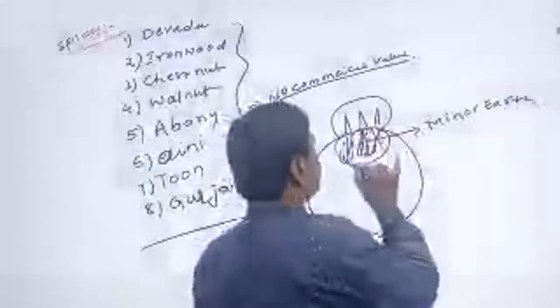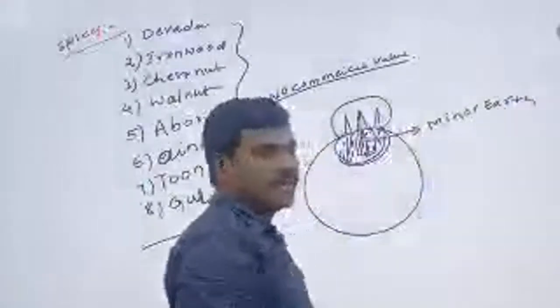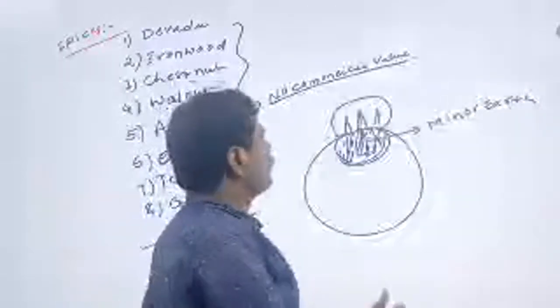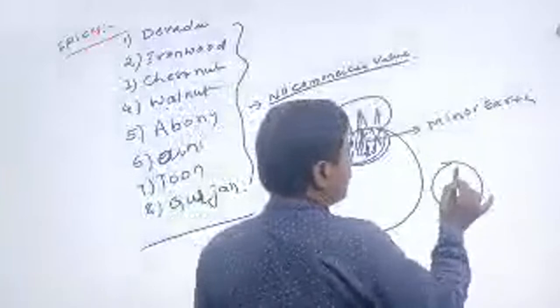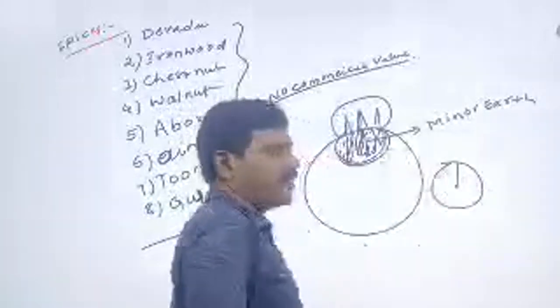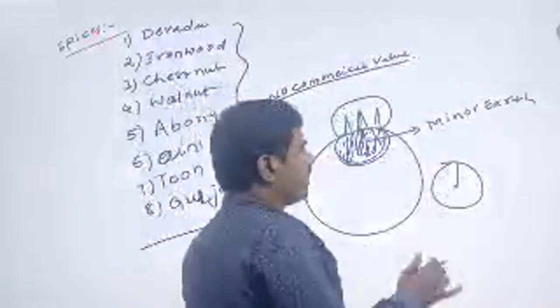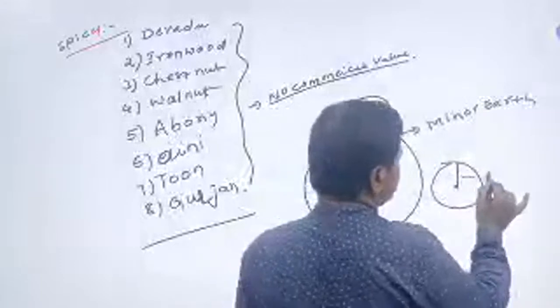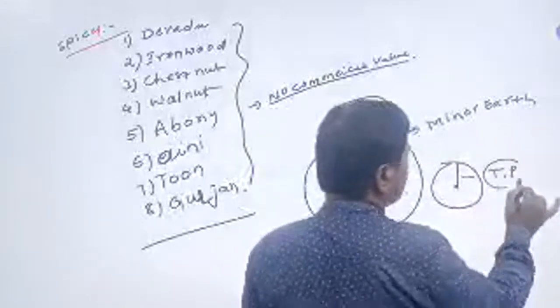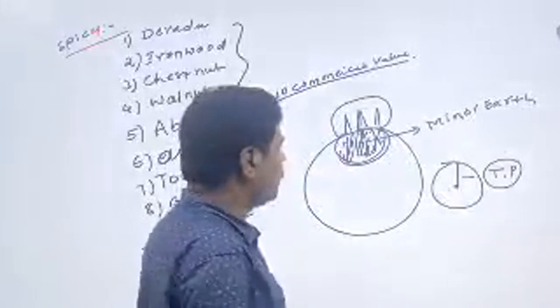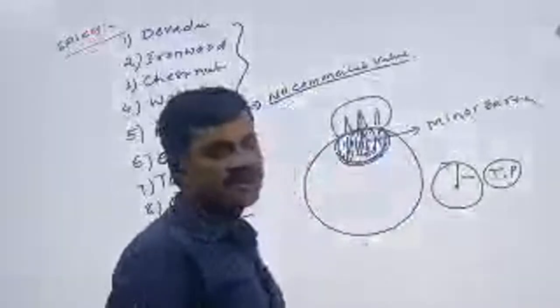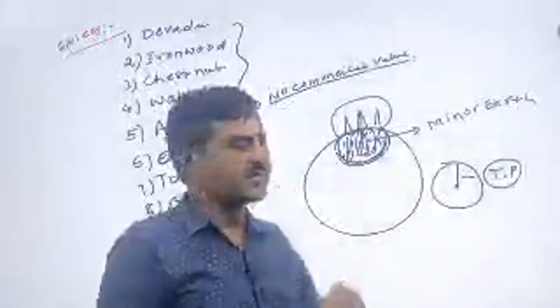By this minor earthquake, the forest area including roots can enter into the earth. Gradually going to the center of the earth, temperature and pressure both increase. By this reason, the forest area is buried under the soil.